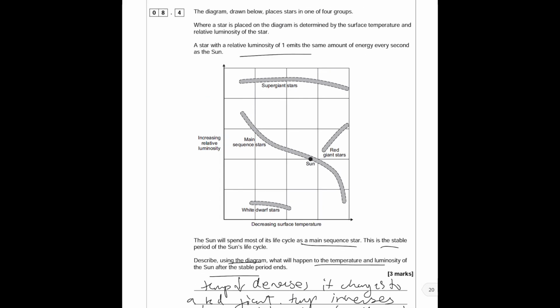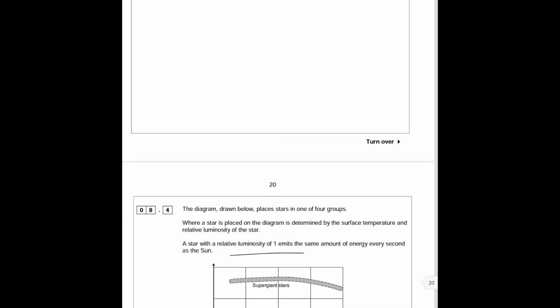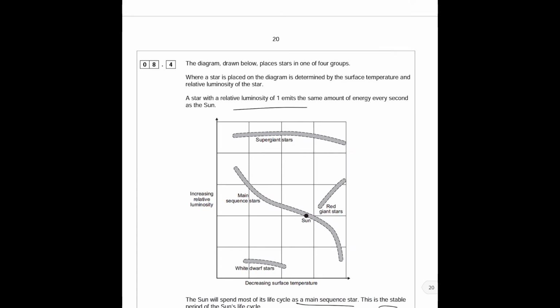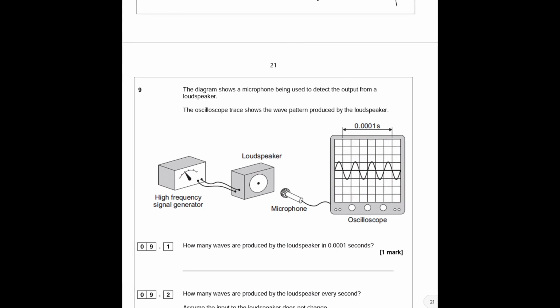You can also include any calculations here, but the sun with a relative luminosity of 1 should give us an idea what's happening here, but you can just say that it changes to a red giant and then to a white dwarf, right? Okay, that should gain 1 mark as well. So there you go, 3 marks scored.